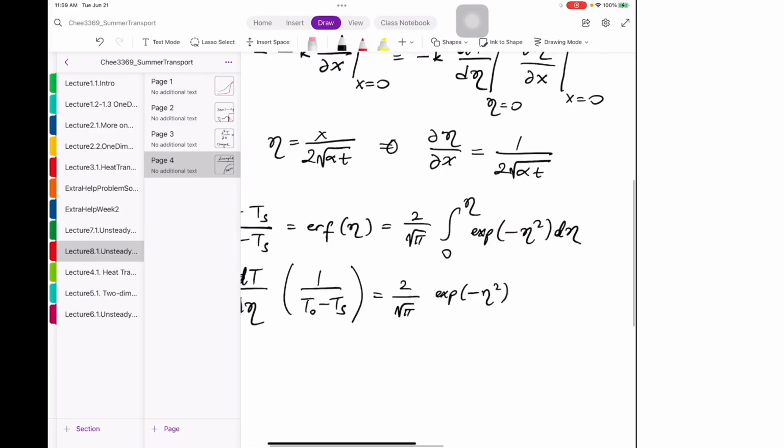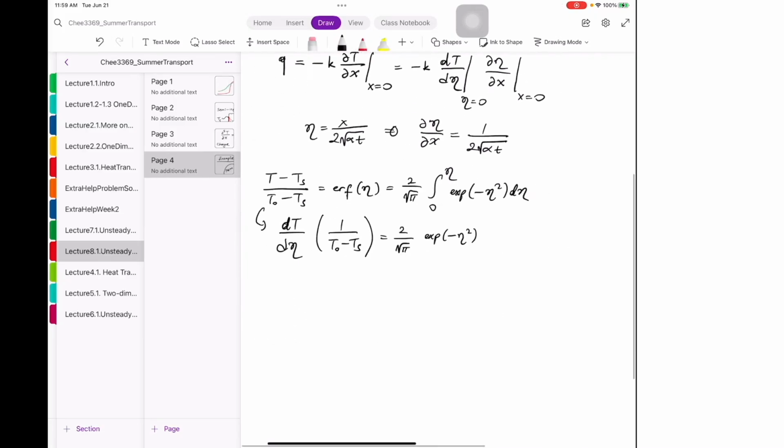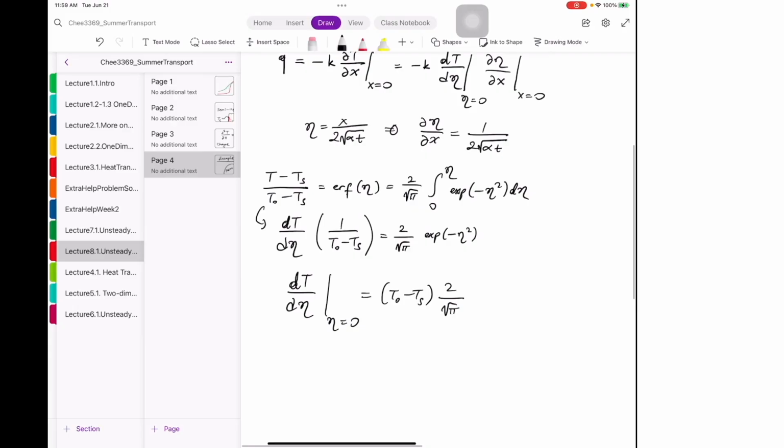Okay. So dT over d eta at eta equal to 0 comes out to be T0 minus Ts times 2 over square root of pi times exponential 0, which is 1.